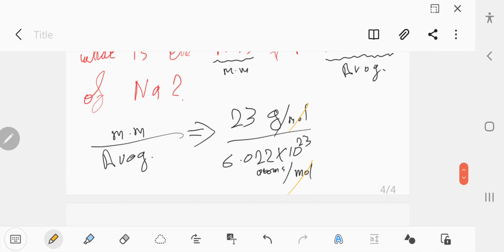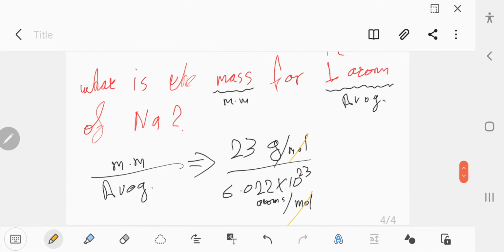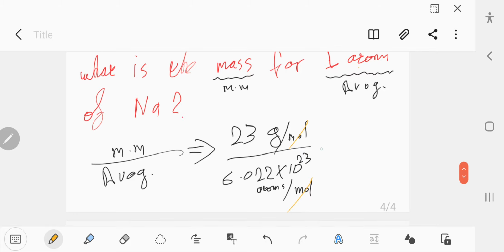Now let's go back to the question. The given here is one atom, so times one atom. Atom will cancel with atom.